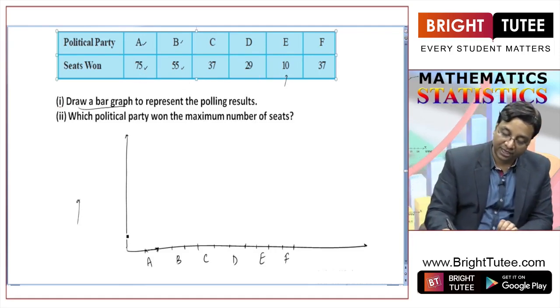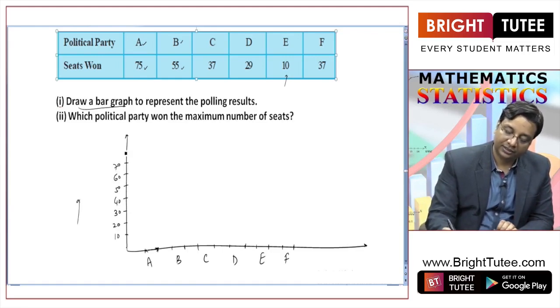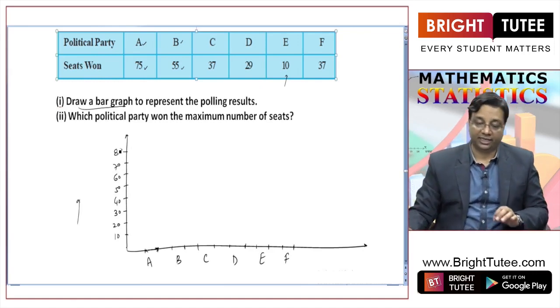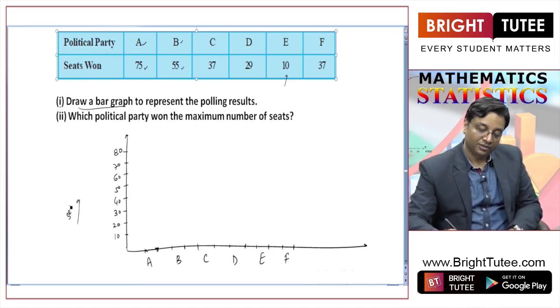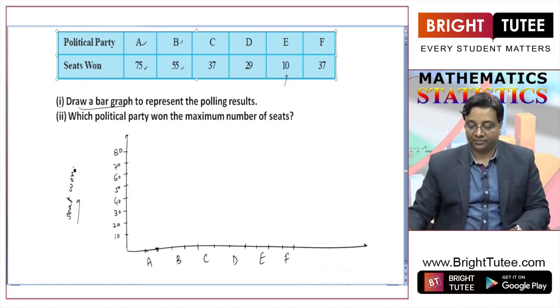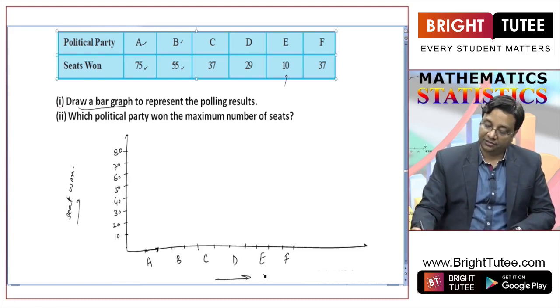So let me mark it by 10, 20, 30, 40, 50, 60, 70, 80. Right? You can choose a corresponding scale depending on the data. So this vertical axis will give me the seats won, and this horizontal axis will show me the political party.